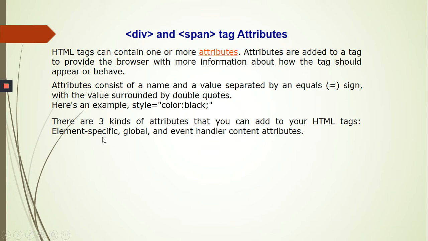Element means tags, right? For example, body tag. So body tag has some 6 or 7 attributes. Body tag has attributes like bgcolor, background, text, link, alink, and vlink, right?